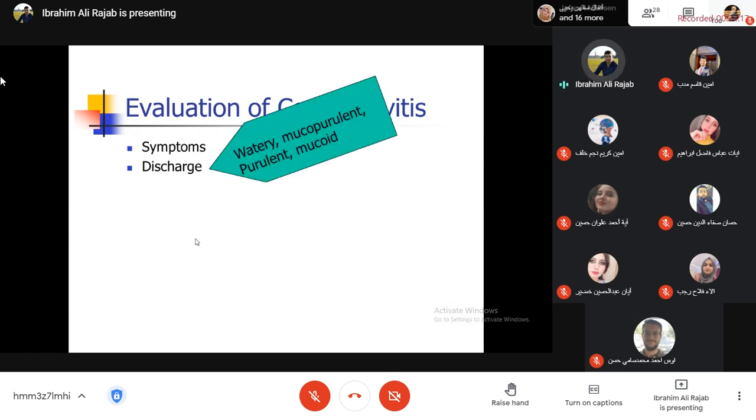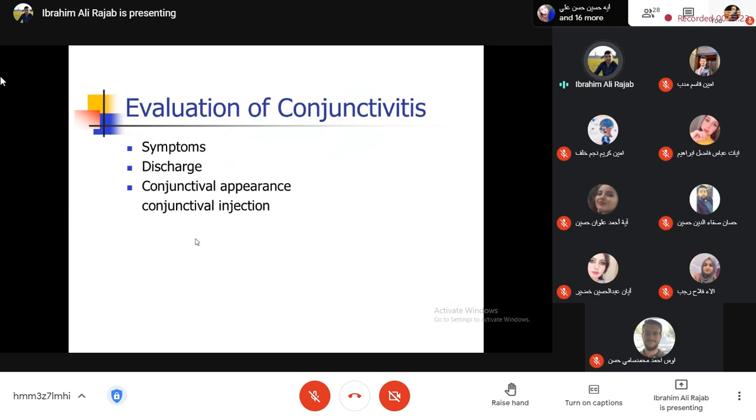As I told you, watery discharge may be caused by viral and allergic. Then I go to the conjunctival appearance, conjunctival congestion or injection. Then I go for the type of the conjunctival reaction. As I said, it is follicular, and I told you follicular may be caused by viral and chlamydial.